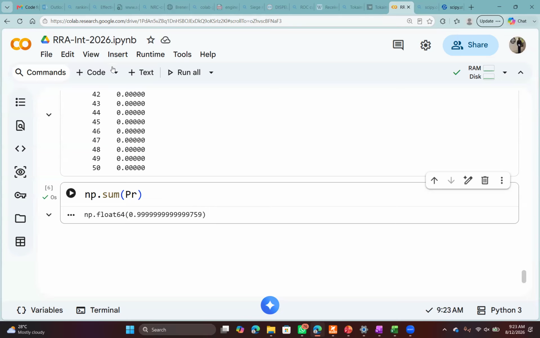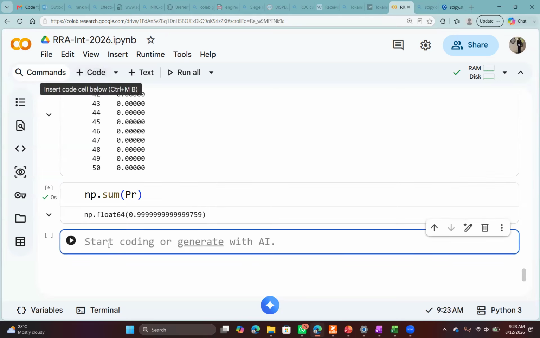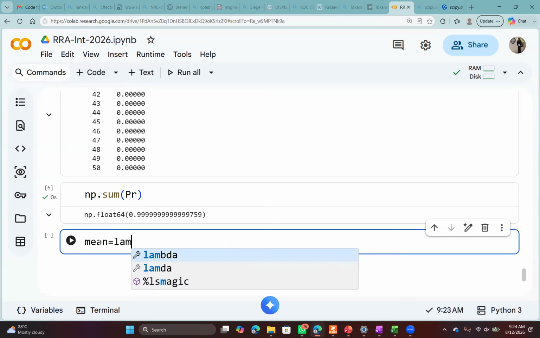So for Poisson distribution, the estimate of mean value can also be calculated. Mean value is calculated by lambda times t. We calculated that one.